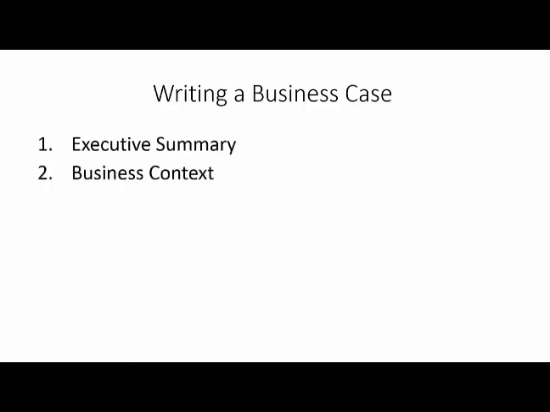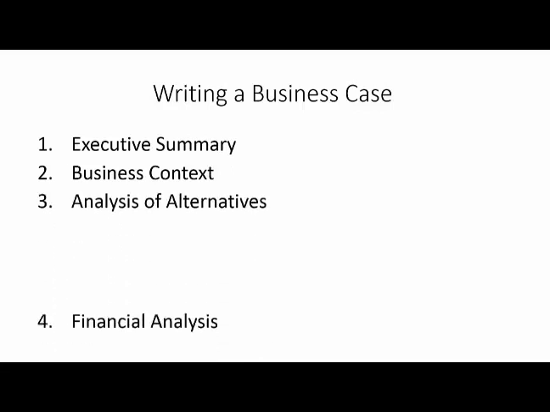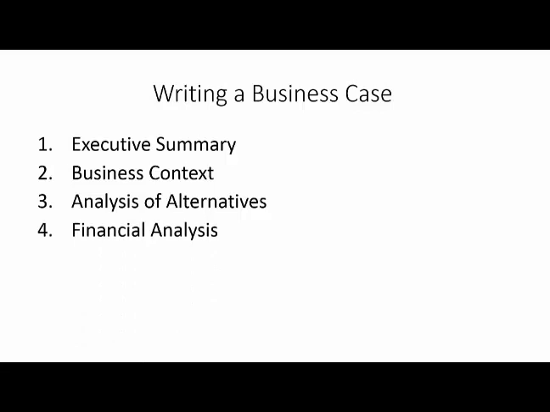The business context is the second one. Third comes the analysis of alternatives. The fourth section is the financial analysis. The fifth section is risk analysis. And then the sixth section is the timeline. And then the seventh section, one that we haven't talked about a whole lot, is the appendix. And we'll go through each one of these 7 sections in turn.